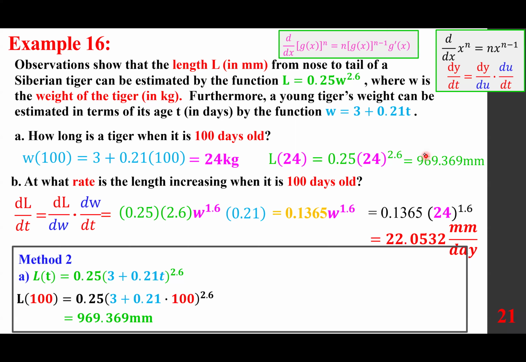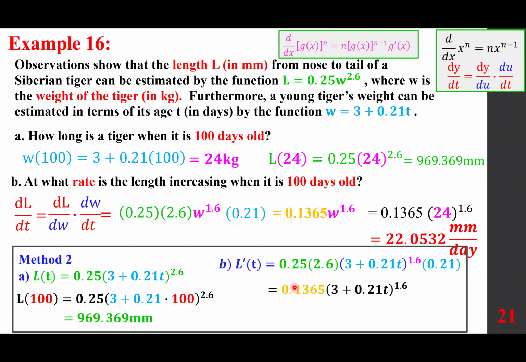As far as differentiation is concerned, dL/dt or L prime of t is 0.25 times 2.6, the same thing to the power of 1.6 by the chain rule times 0.21. A quick recap: 0.25 times the exponent 2.6 times the same thing to the power of 2.6 minus 1.6, by the chain rule times the derivative of the inside. If you multiply these 3 numbers, we get 0.1365.